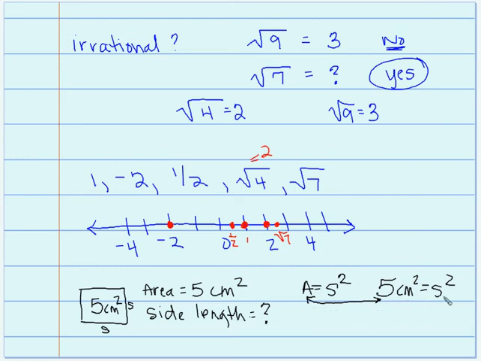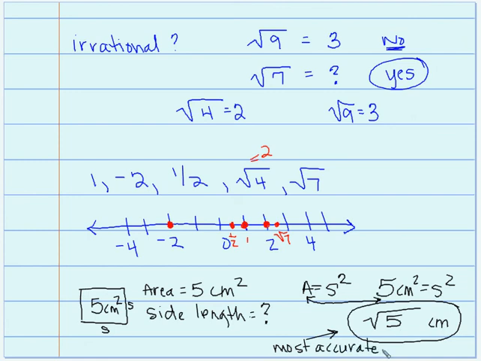Then it's the square root. To solve this, I need to use the square root. That's the inverse of squaring. So my answer would be square root of 5, and then I can take the square root of centimeters squared. That's just going to be the length, centimeters. So not always will we have nice numbers anymore. These are irrational numbers. Now this is most accurate.